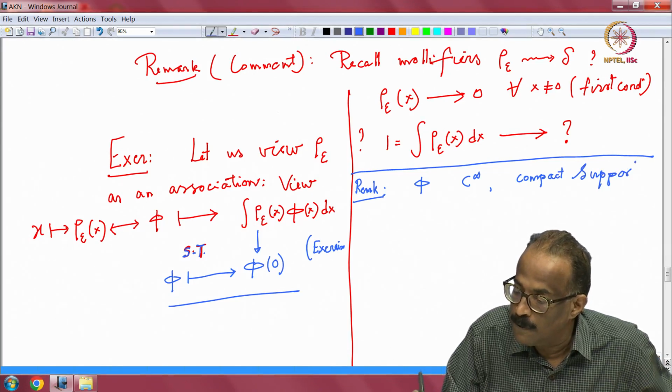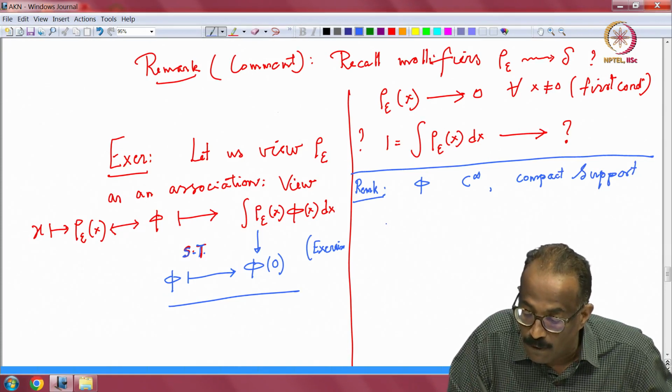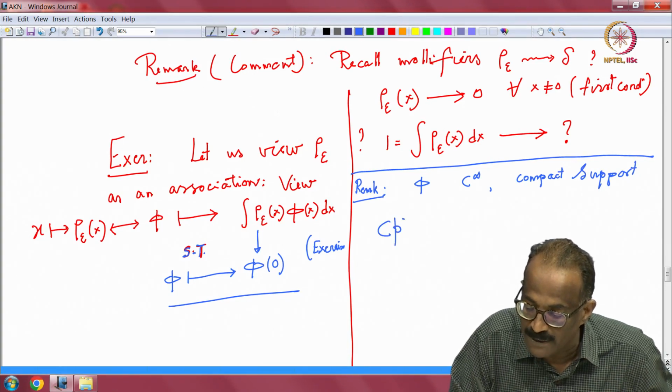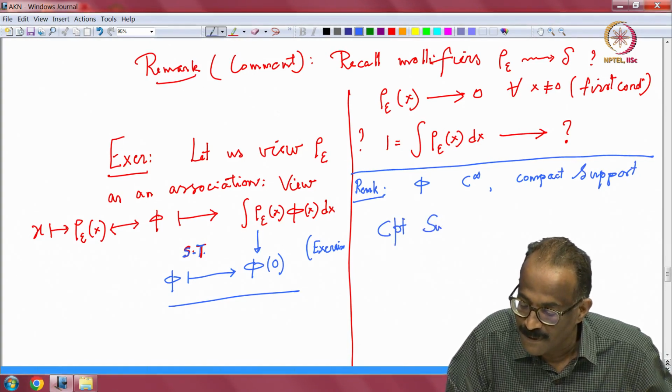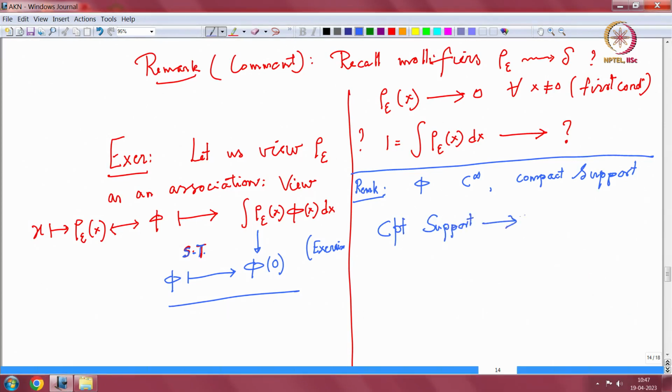If you recall the previous example, the compact support actually leads to localization. You can get local values. So, the compact support is used, that is how we got motivated.